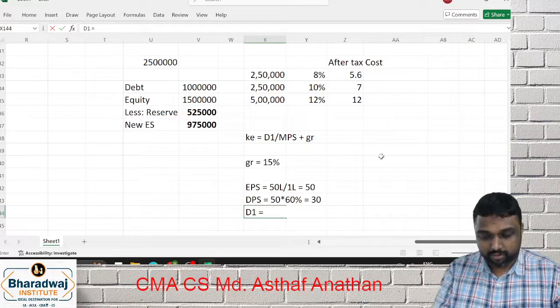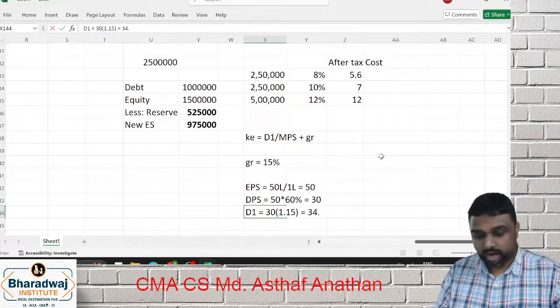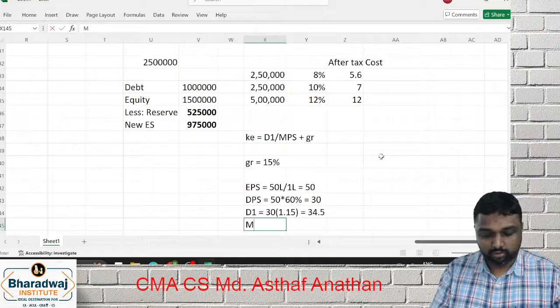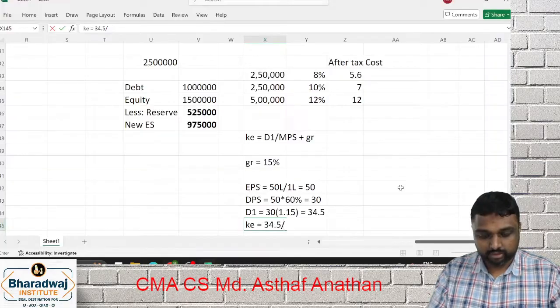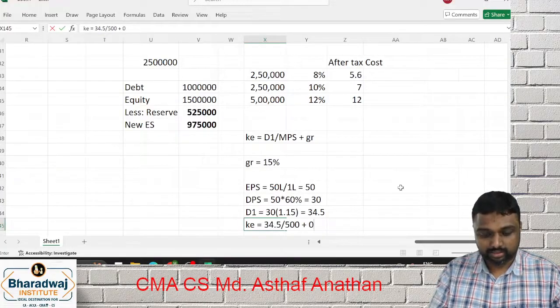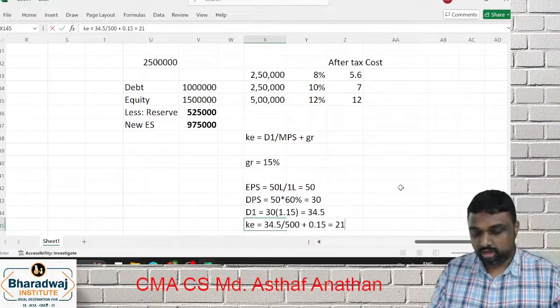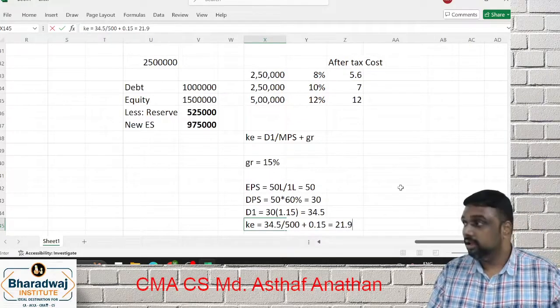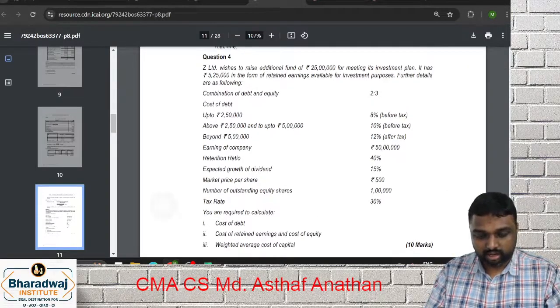So D1 will be 30 into 1.15, which gives 34.5. So you can go for Ke: 34.5 by MPS, which is 500, plus 0.15. You will get an answer of 21.9 percent.